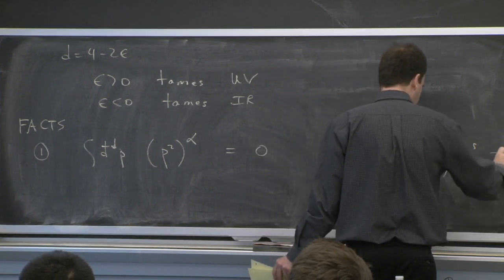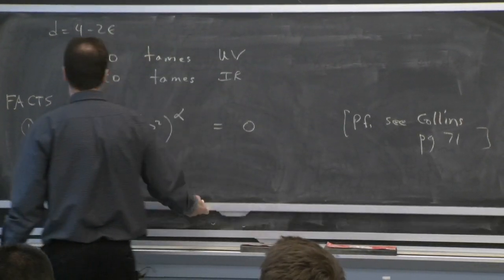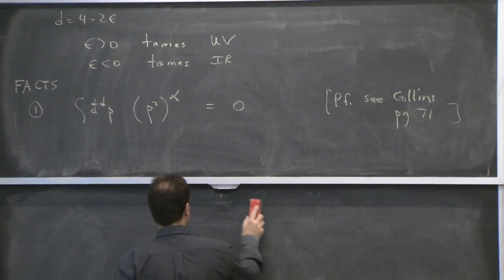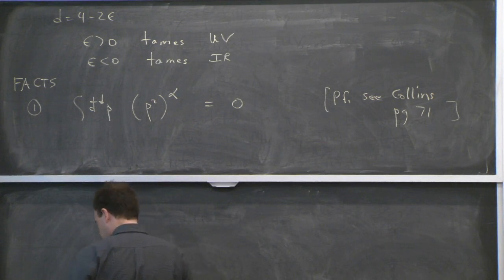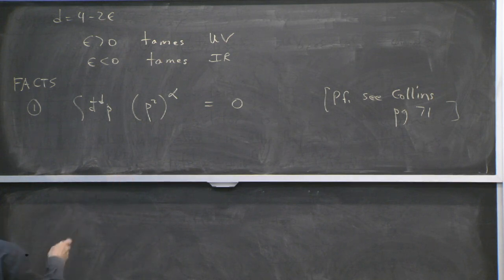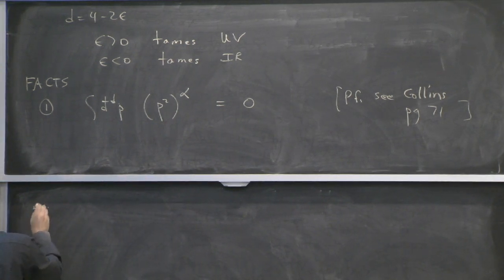So Collins constructs a proof of this on page 71, which is actually a little more involved in general. I'll just give you an idea of how you can see from using our axioms that something like this better be true.